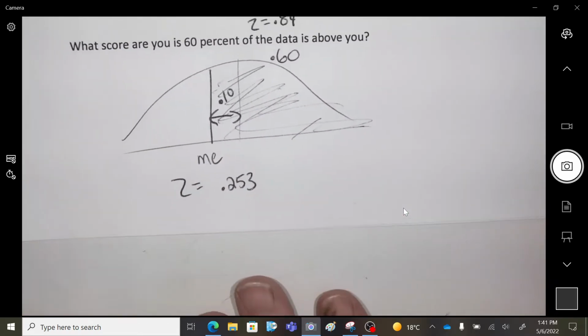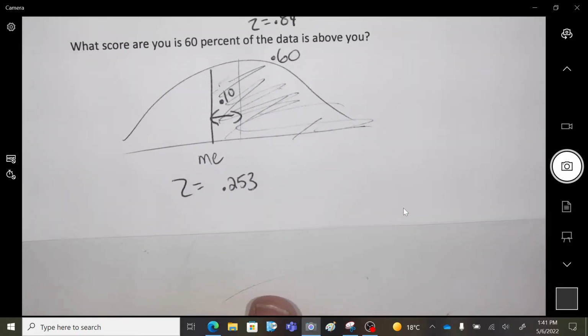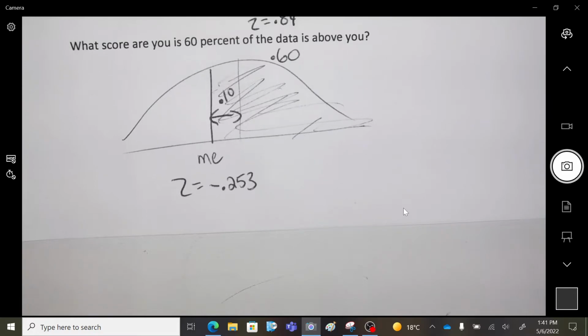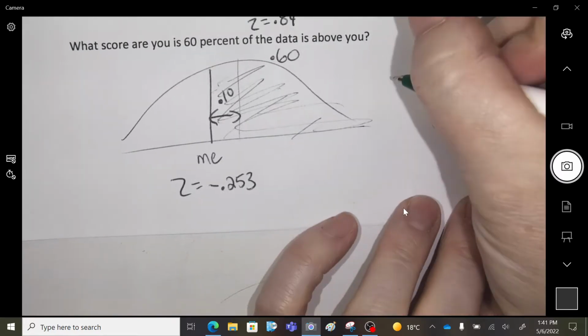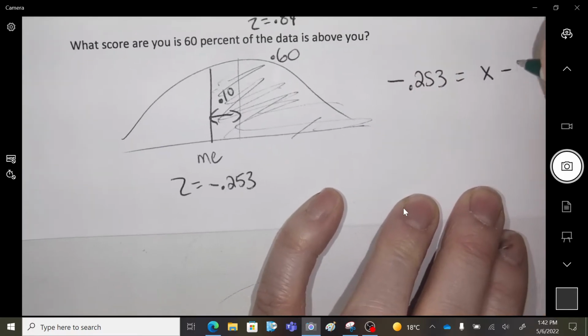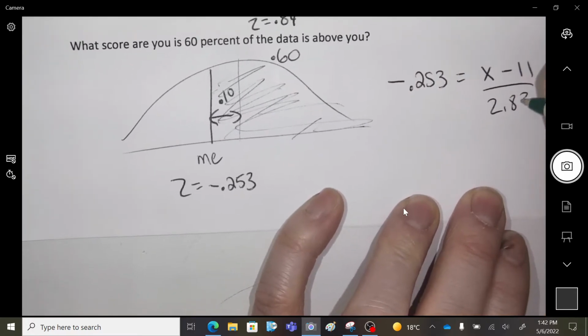Okay, that's what my chart is telling me, but here's the spot where I catch people. What am I missing? It's negative. That's why I do suggest drawing them, because now I can see that's negative because it's below mean. Or somehow you've got to remember, below mean. So negative 0.253 equals my score minus 11 over 2.83.